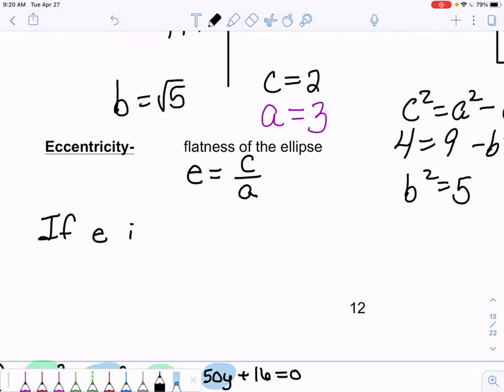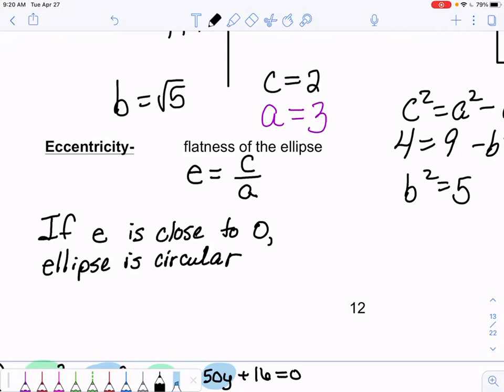If E is close to 0, then our ellipse is more circular. And that would have been like number 41. So 41 was close to being a circle. It still wasn't. The one distance is a little bigger than the other. But if E is close to 0, our ellipse looks circular.